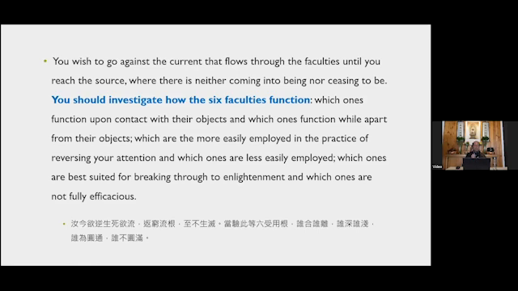If you don't, it's impossible to reverse our routine process. So we have to know our 6 faculties, how our eyes interact with the object. And when I see this and when I'm not seeing this object, how is it working?